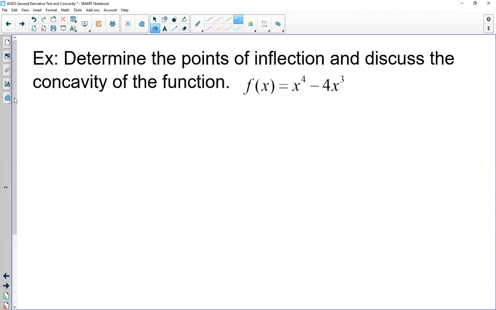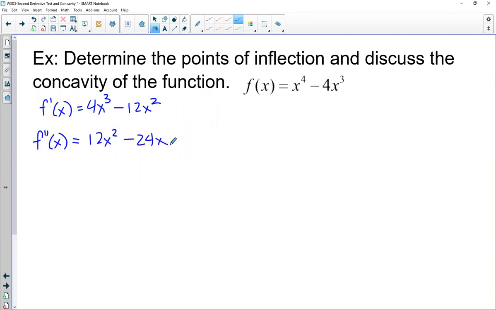So the first thing we need to do here is find the first derivative, which in this case will be 4x cubed minus 12x squared. And then we're going to find the second derivative, which in this case will be 12x squared minus 24x. Now to find your points of inflection, or your POIs, are again when f double prime of x is equal to 0.